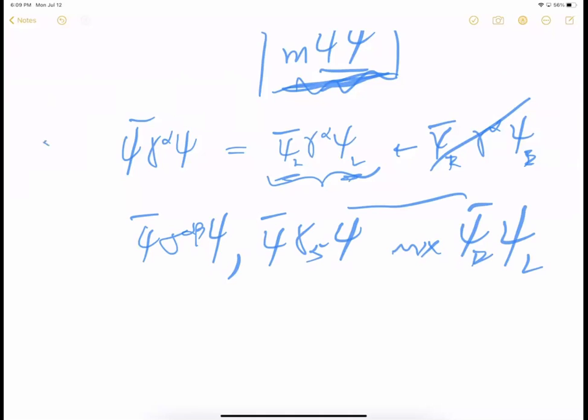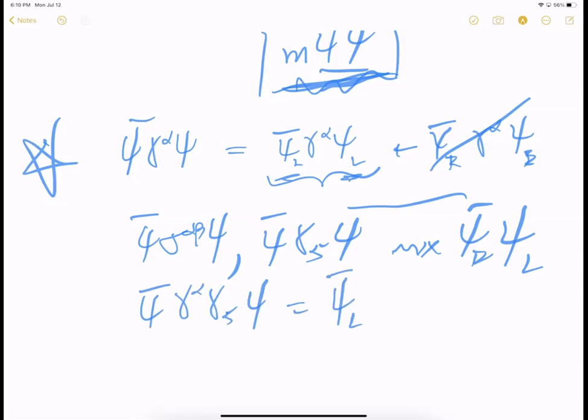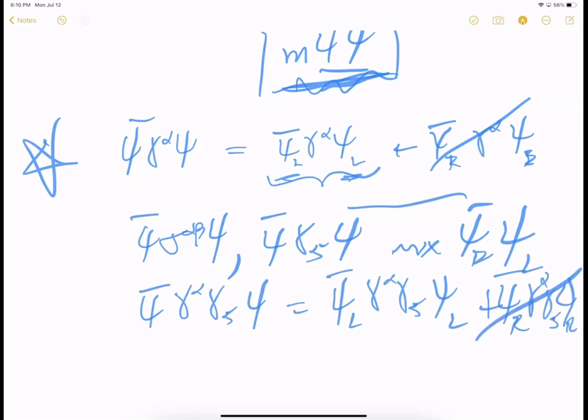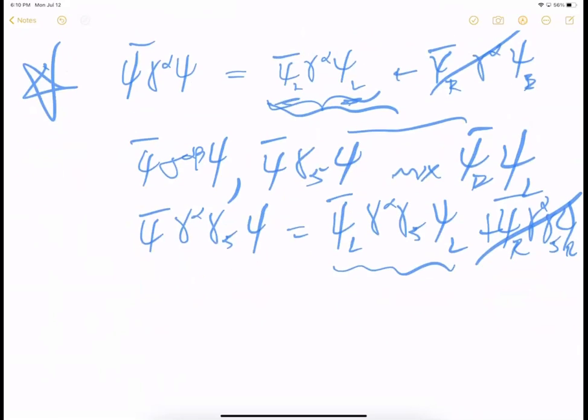But the vector, this one's okay, and the pseudo vector, psi bar gamma alpha gamma 5 psi, also separates into a left and a right piece. And so we can work with just the left and right pieces of the vector and the pseudo vector. So now let's try a general linear combination of those.